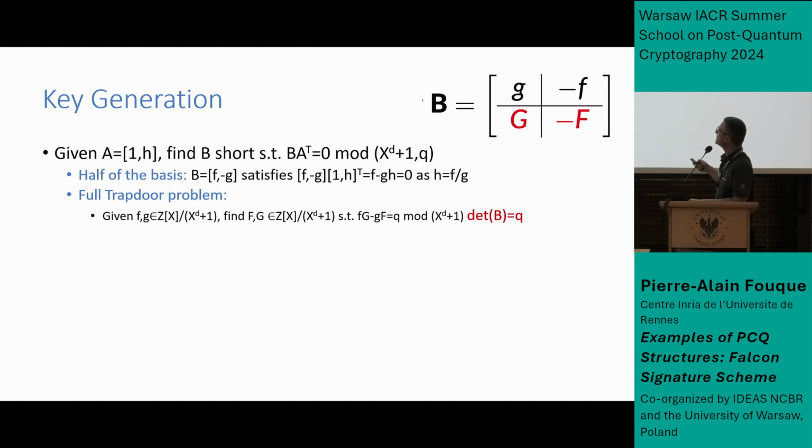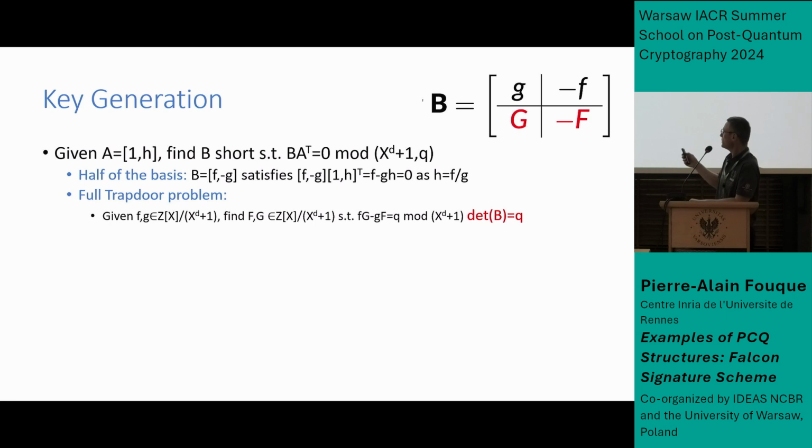the idea is to recover some polynomials in this ring so that this equation holds, and we can also see that small f, small g and capital F, capital G will also satisfy this equation. This is because the two lattices must have exactly the same determinant.